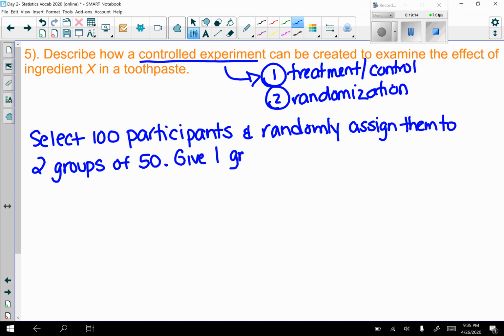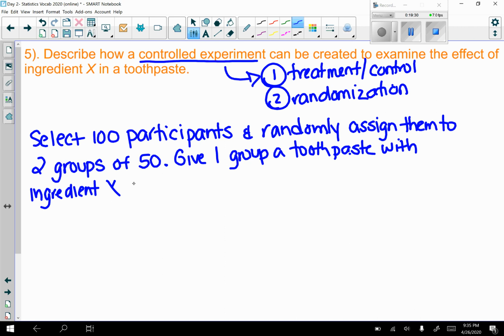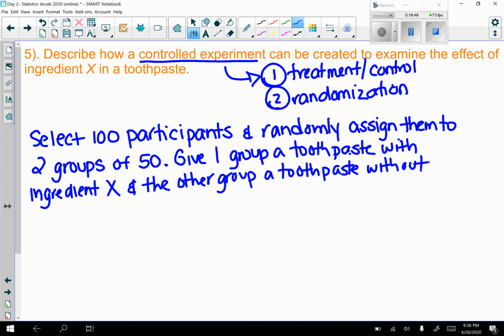Give one group a toothpaste with ingredient X, and the other group a toothpaste without ingredient X. And then you're going to compare the results.